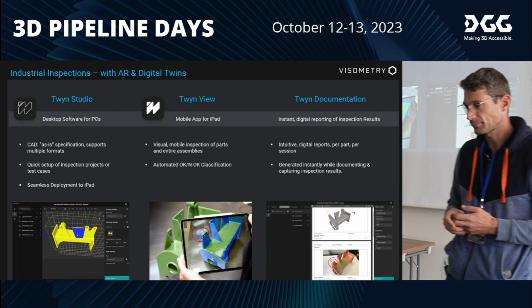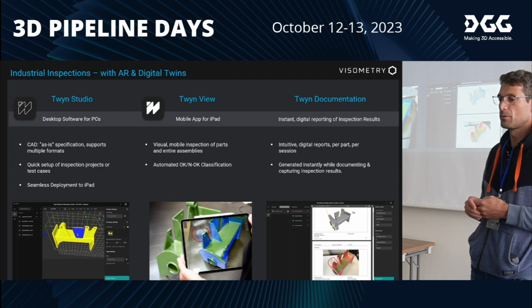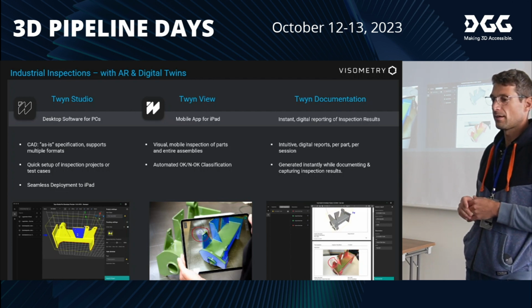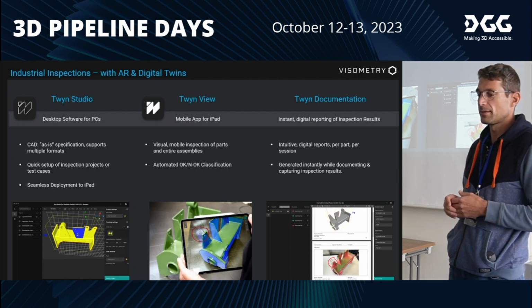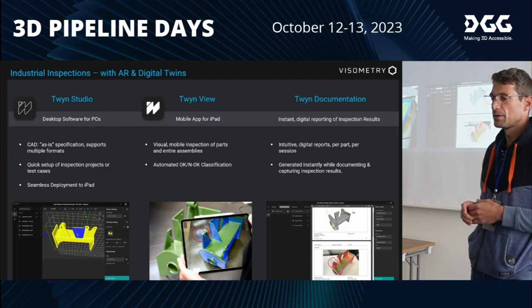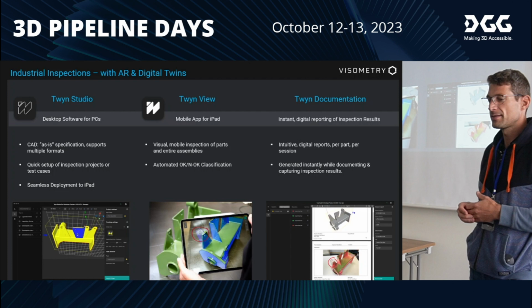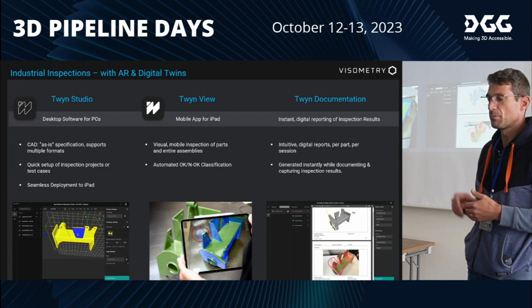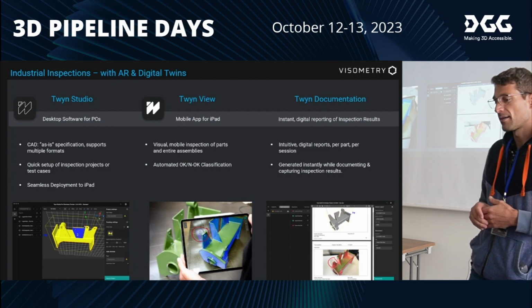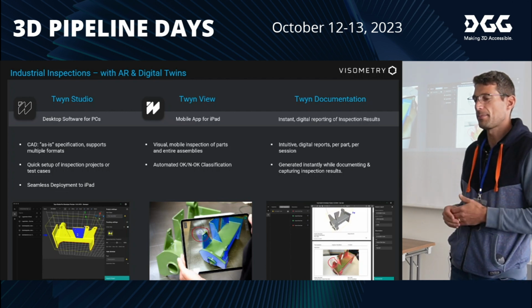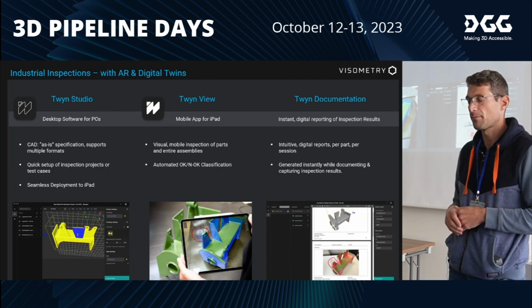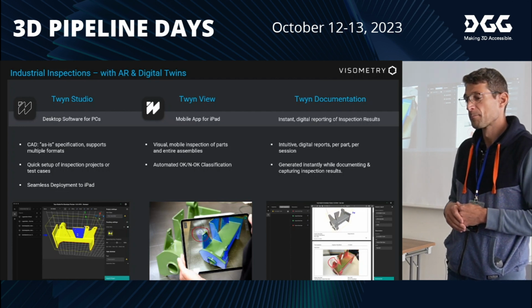And so the whole solution consists of 2 parts. We have the Twyn Studio, which is a desktop software used to set up the scene, where you can import your CAD data, transform it, and create the step-by-step instructions for the quality inspection process.